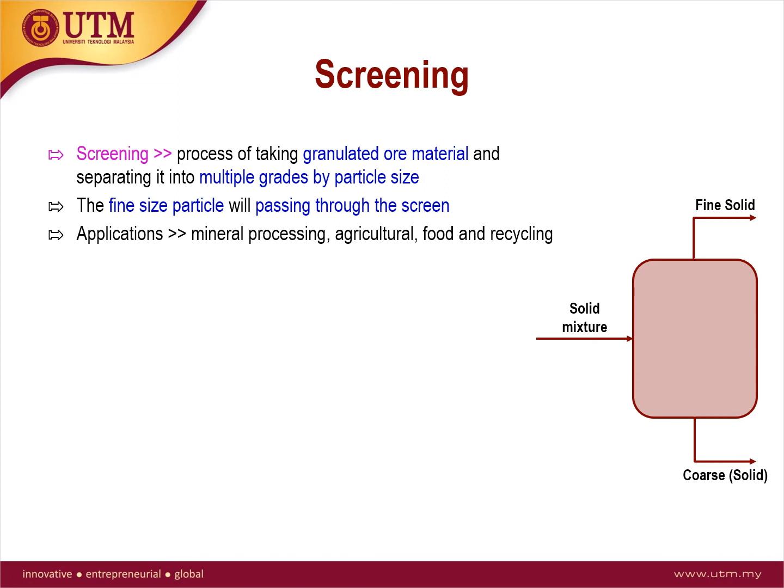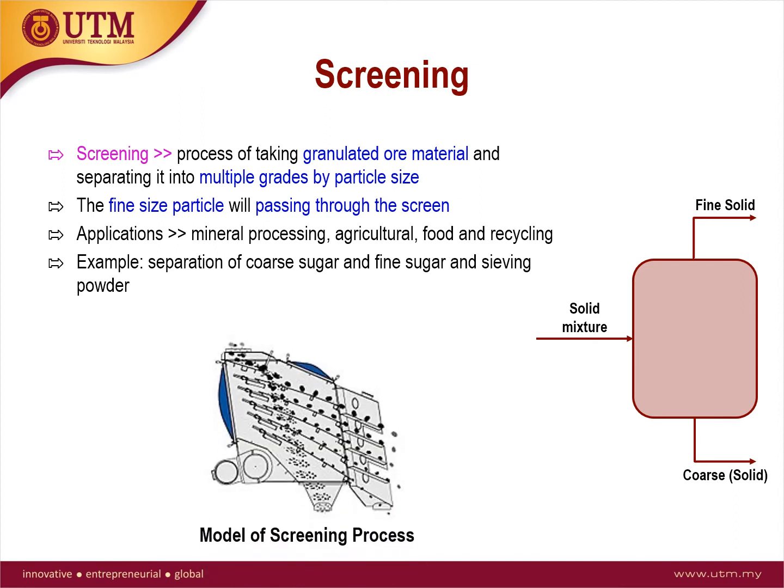The applications of screening can be found in mineral processing, agriculture, food, and recycling. For example, separation of coarse sugar and fine sugar and the sieving of powder. This is an example or model of the screening process.